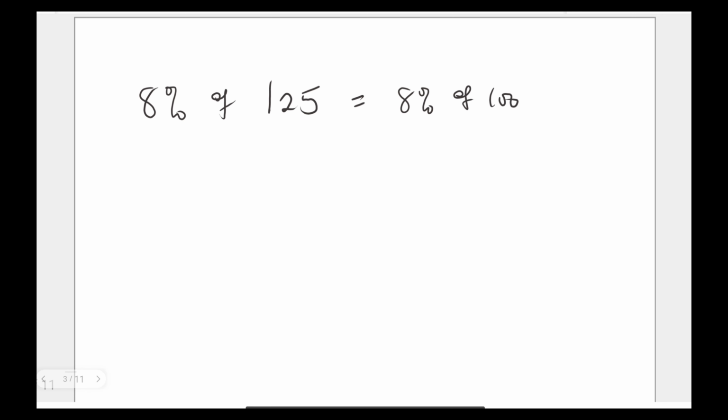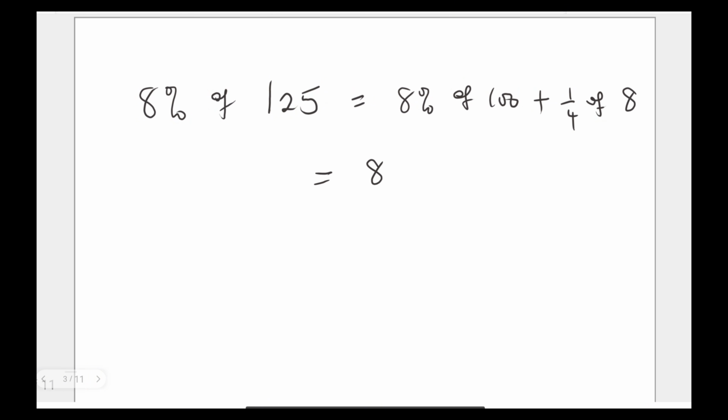The third case is if we have a percentage of something that has a 25. For example, if I ask to find 8% of 125. So just like we did for 50, 25 in this case is a quarter of 100. So that would be 8% of 100 plus a quarter of 8.